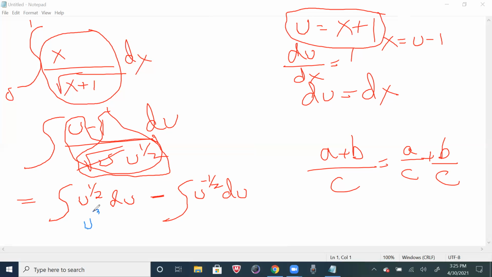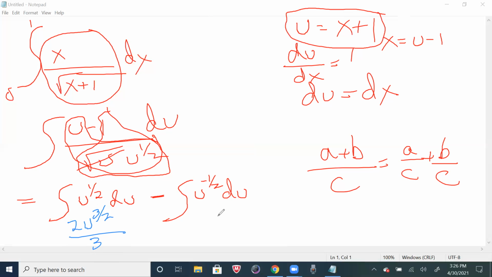Now divide by the new power. So that will be 3/2 in the denominator, which is the same as 2/3.